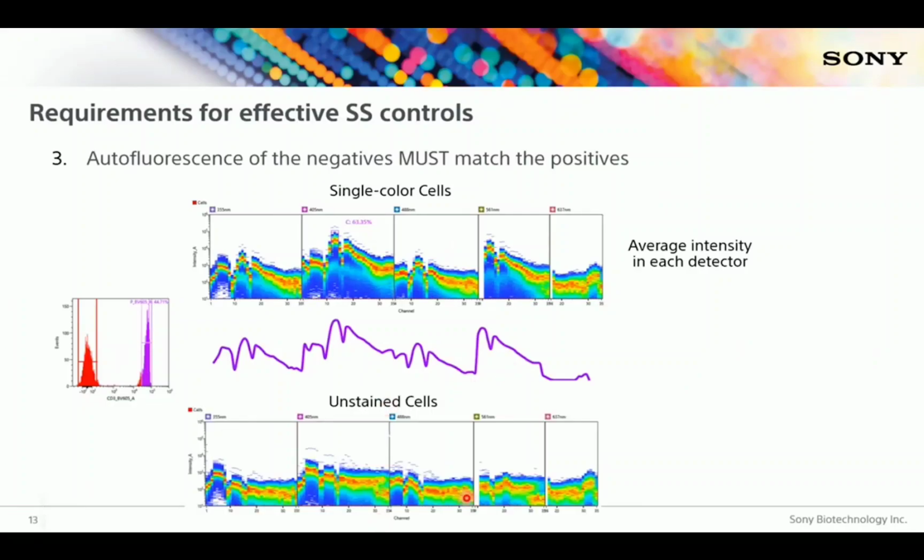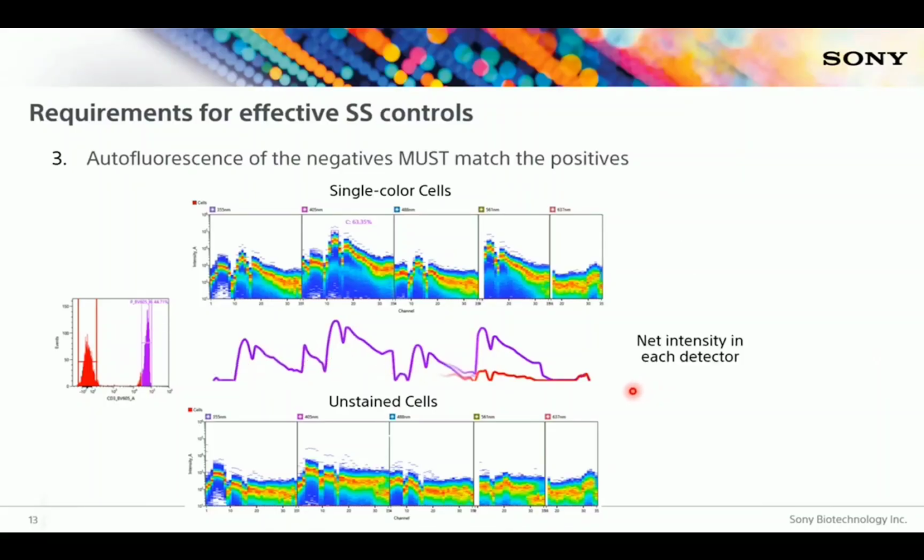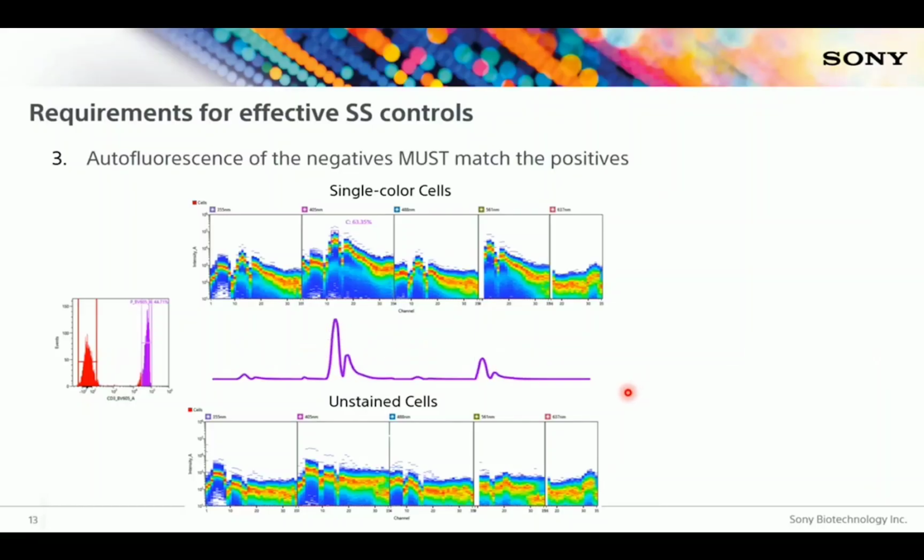This other ribbon plot here is showing the emission of the unstained cells, the autofluorescence emission. Now, to obtain the fluorochrome spectrum only, the autofluorescence needs to be subtracted. The signal intensity is then normalized, and the spectral reference is ready for unmixing.